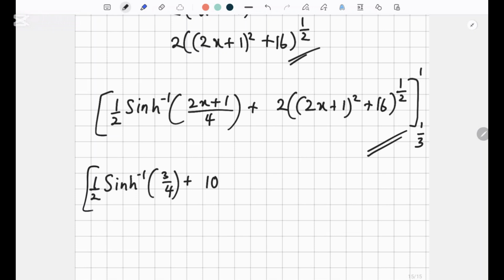So that's 10, minus, let's say 1 over 3: half sinh inverse, so 2 over 3 plus 1 divided by 4, that's 5 over 12, plus 2 into (2 over 3 plus 1) squared plus 16 to the power half.